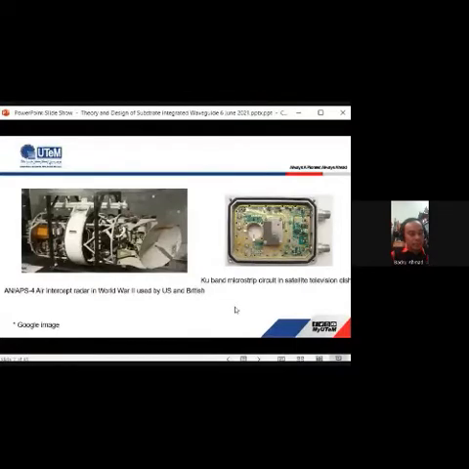This is what we call the intercept radar used by the Americans and British during World War II. You can see the APS-4 operated at X-band frequency, at a 3 centimeter wavelength, compared to the 10 centimeter S-band.